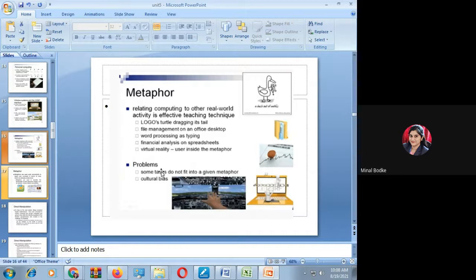Again, virtual reality came into the picture in the era of metaphor, where the user goes inside the metaphor or can view the system in a 3D environment. So in metaphor, virtual reality and real-world activities were computerized. You can see the examples.